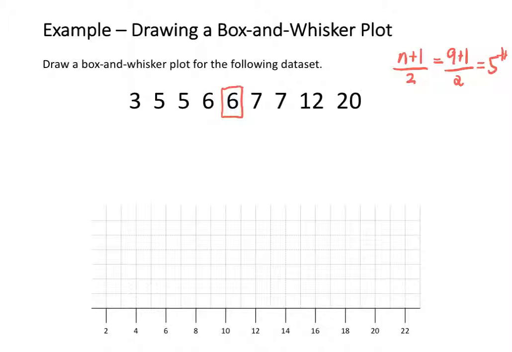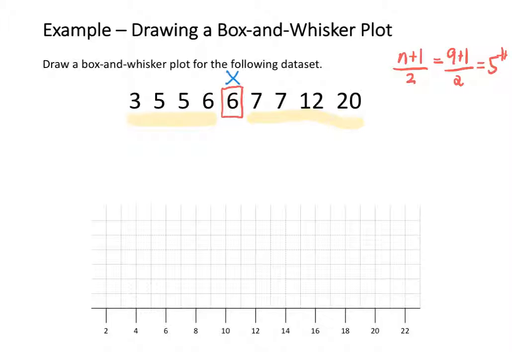We also need to calculate our quartile 1 and quartile 3 values. To do that, we need to split the data into 2 halves. Because our median is an actual number from our data set, we exclude that, and our first half consists of the first 4 numbers, and the second half consists of the last 4 numbers.